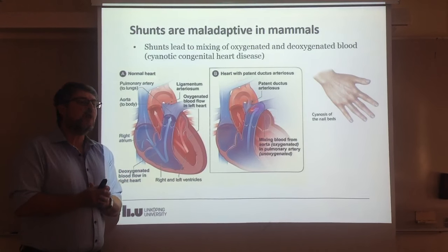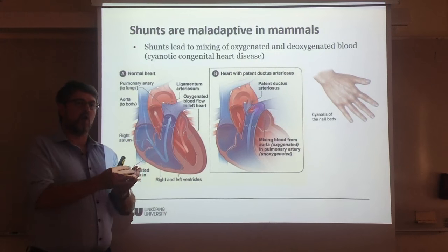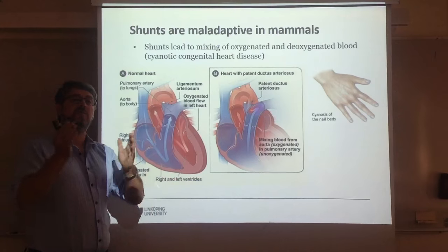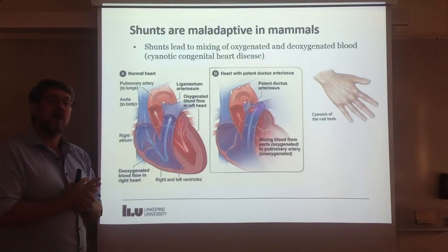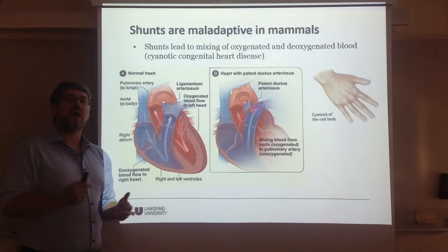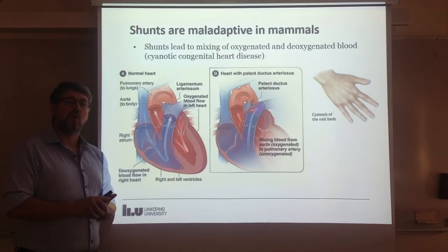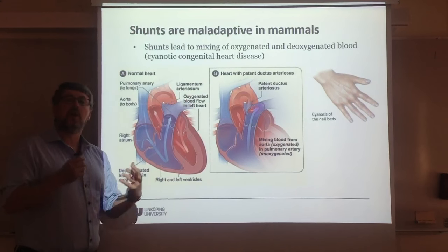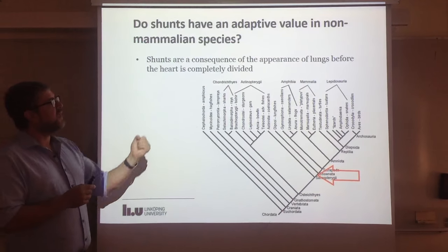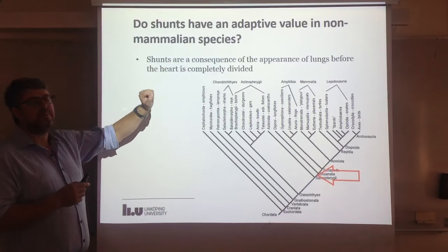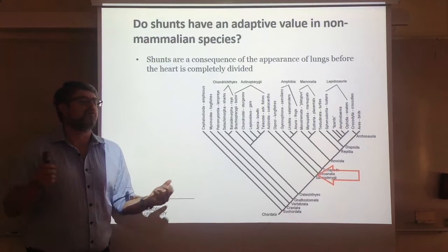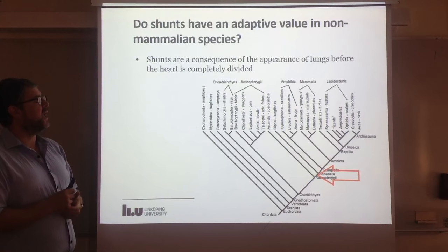But actually, if we look at the structure of the heart across the vertebrates, what we will see is that there are several groups of animals in which the heart has not fully separated, and these animals are fully functional, and they actually have survived for millions of years with such a, what we call in mammals, a poor design. Looking at this, obviously what we see is that the shunts appear when there is a possibility for a double circulation, and essentially that means the appearance of the lungs as respiratory structures in terrestrial animals.